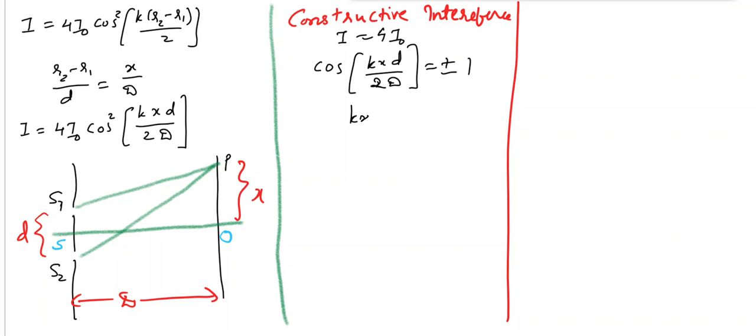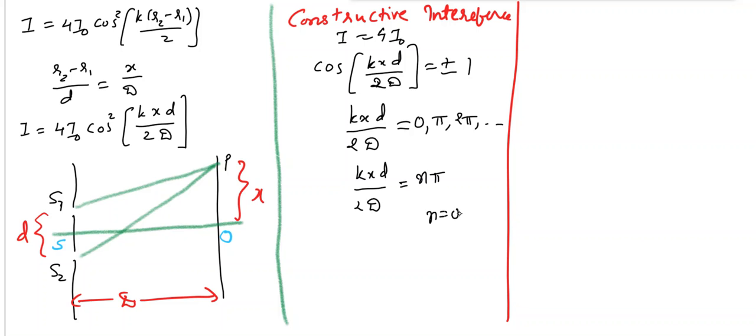It means that k x d by 2D must be equal to 0 or pi or 2 pi or n pi, where n starts from 0, 1, 2, 3. Now this is one way of deriving it. The other way is you can directly use the earlier equation and put n lambda there. With both you will end up with the same result.